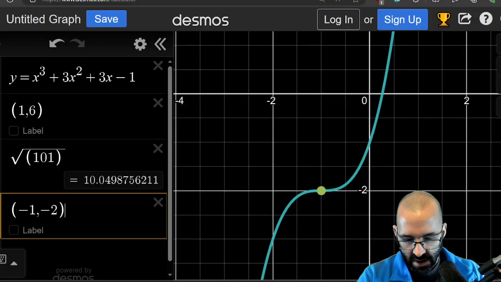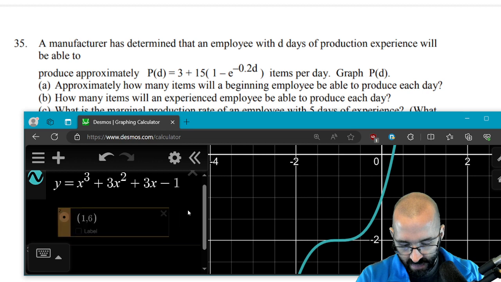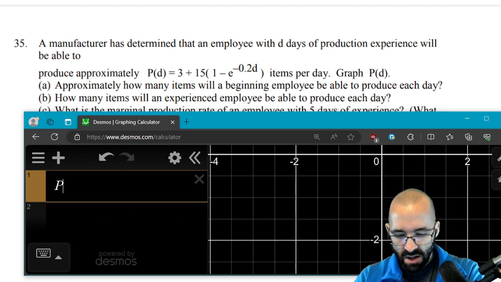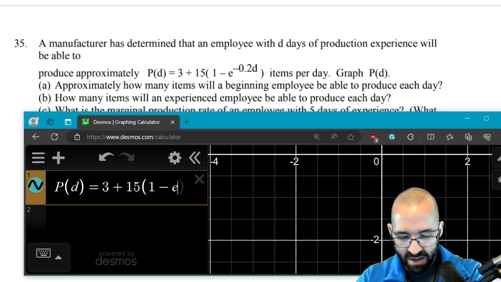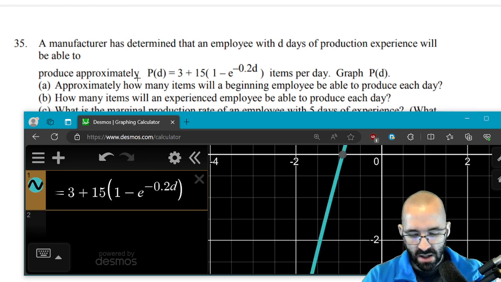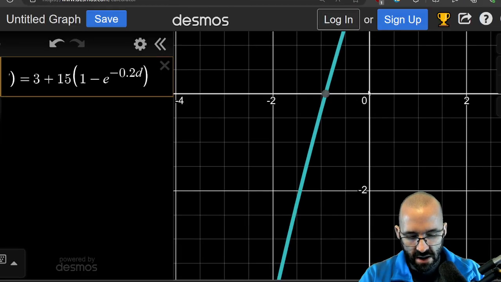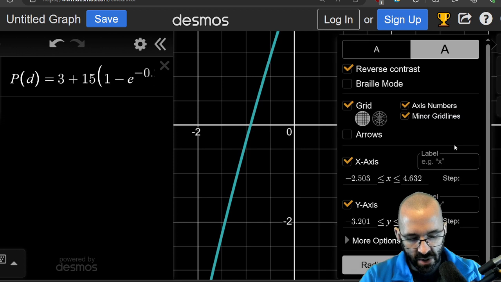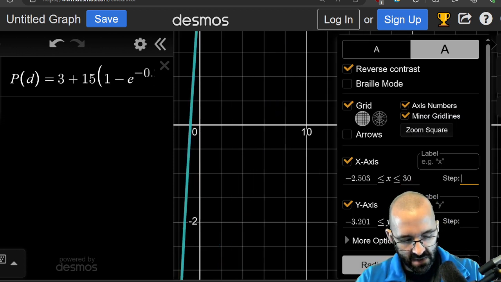Okay. So if we type this function in, productivity is 3 plus 15 times (1 minus e raised to the negative 0.2D), like so. And what does this look like? Well, let's look from, I don't know, 0 to 30 days or something.